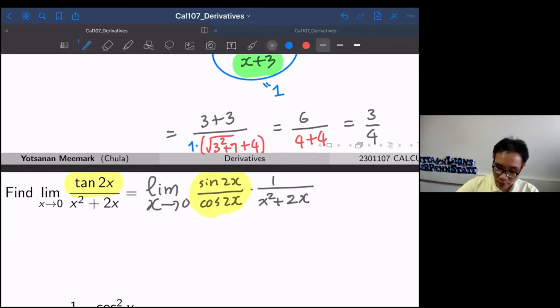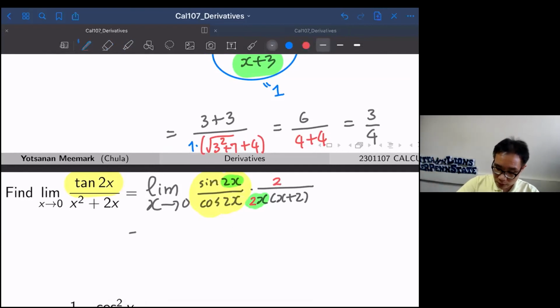And you see that for x squared plus 2x, I don't need that, I need x multiplied with x plus 2. And you see that we can have the green one, which in this case is my 2x. So we need another green one here. In order to get that green one, I'm going to need 2 on the bottom, and I'm going to have to multiply by 2 on top.